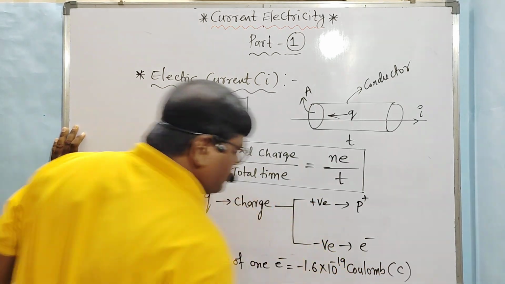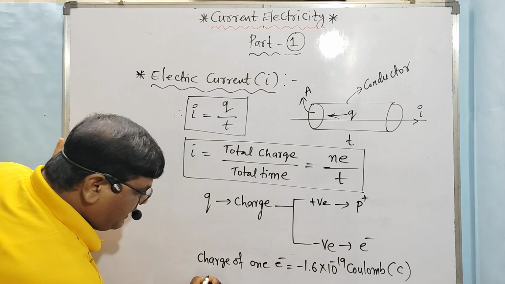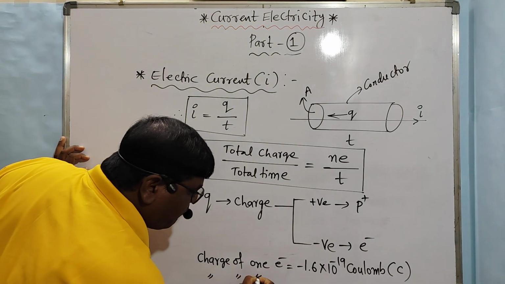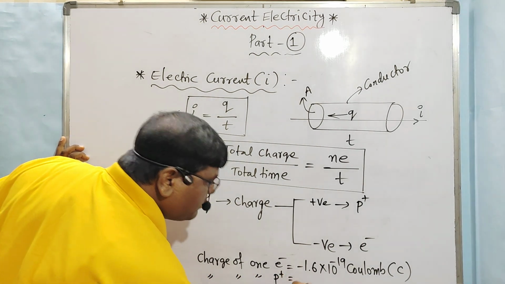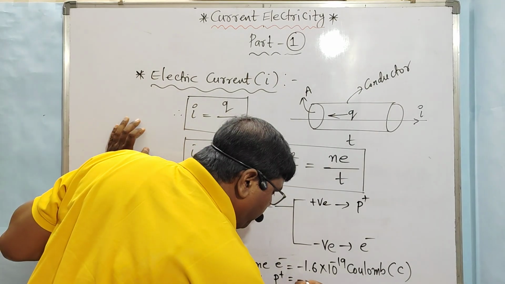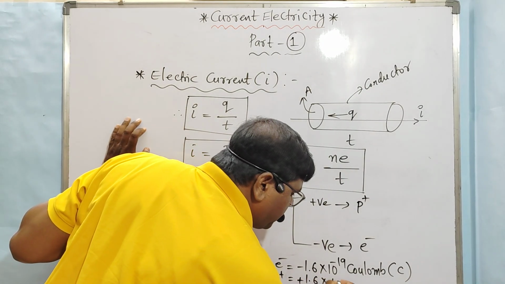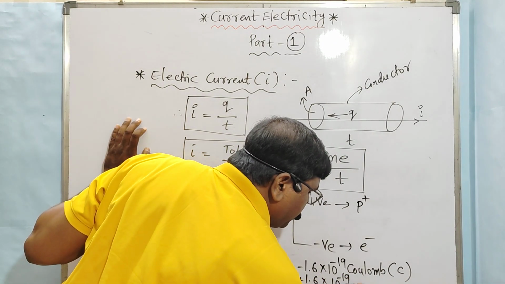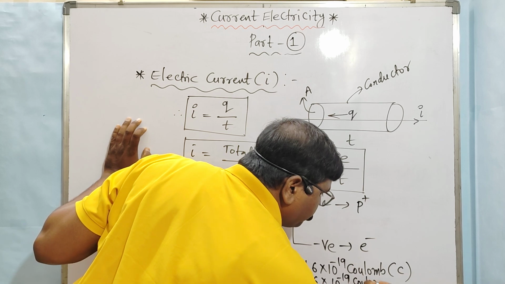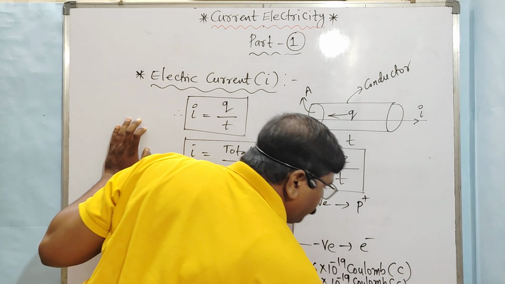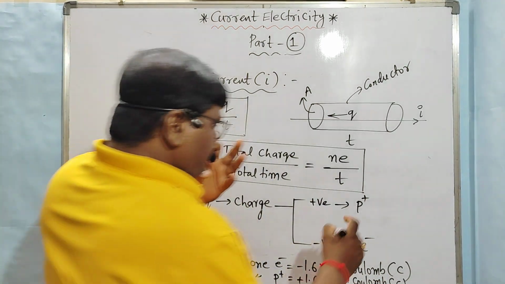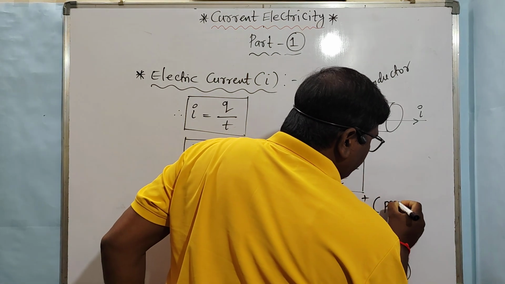This is denoted by C also. Similarly, the charge of one proton is equal to plus 1.6 into 10 to the power of minus 19 coulombs. P means protons.